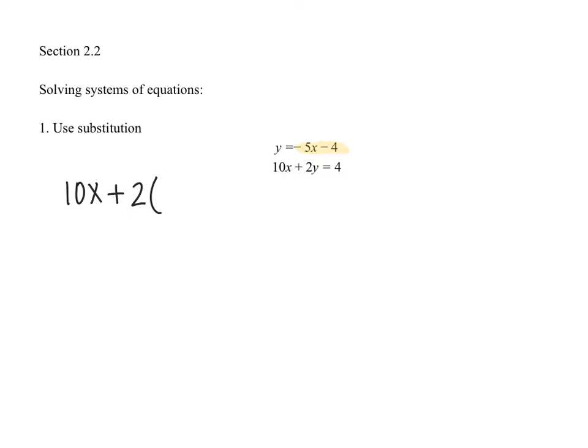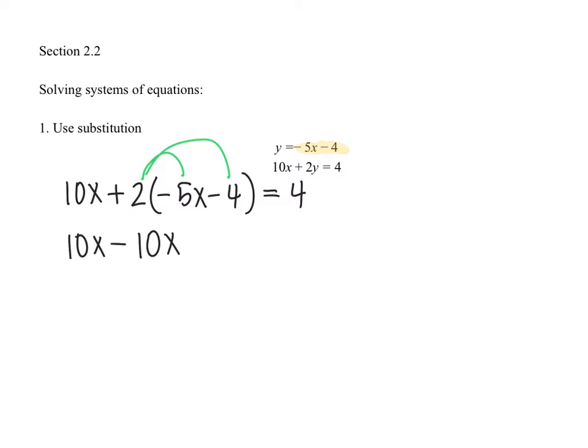So it becomes 10x plus 2 times (negative 5x minus 4) equals 4. My next step is going to be to distribute the 2 into the parentheses. So we get 10x minus 10x minus 8 equals 4.